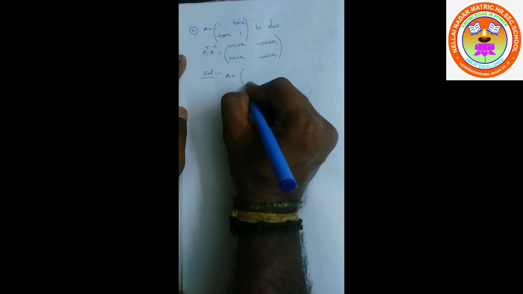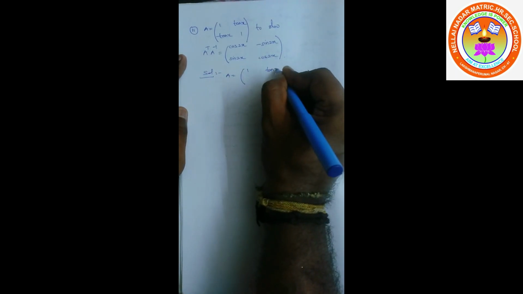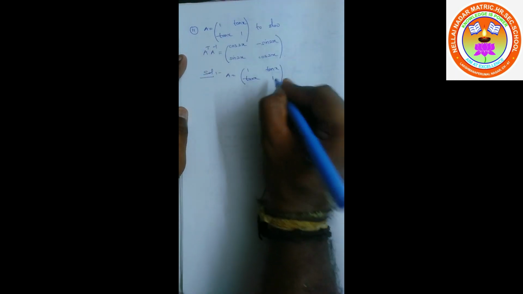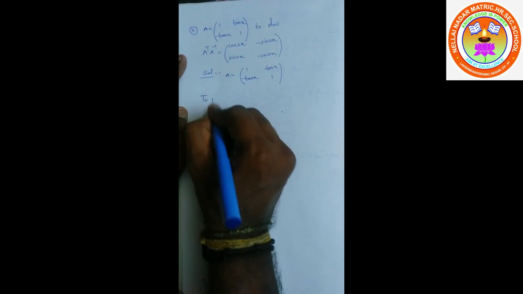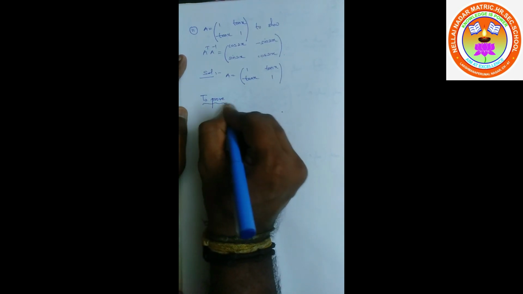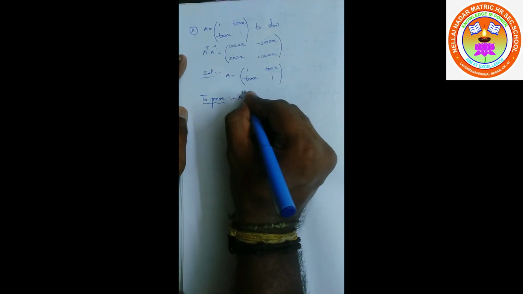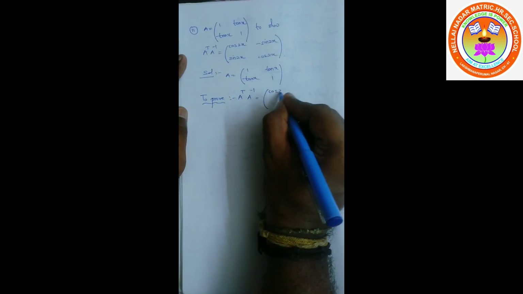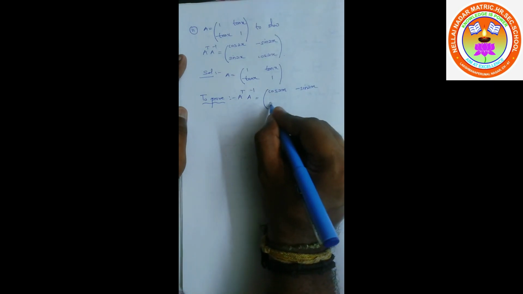The given A is [1, tan x; minus tan x, 1], to prove A transpose A inverse is equal to [cos 2x, minus sin 2x; sin 2x, cos 2x].